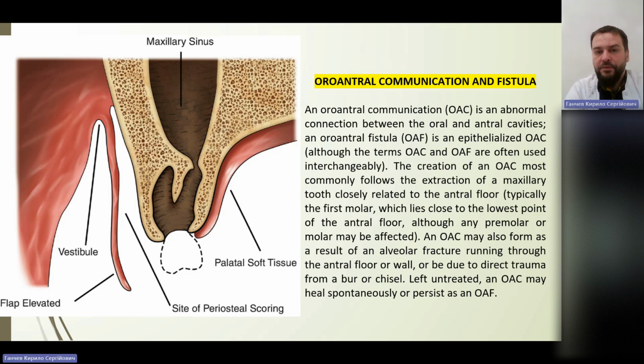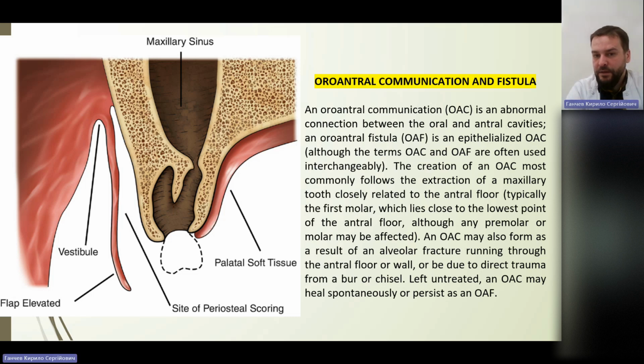The creation of that communication most commonly follows the extraction of a maxillary tooth closely related to the antral floor, typically the first molar, which lies close to the lowest point of the antral floor, although a premolar or molar might be affected.